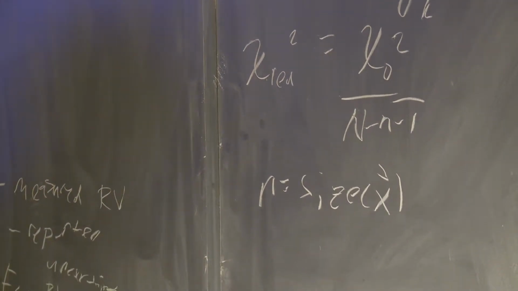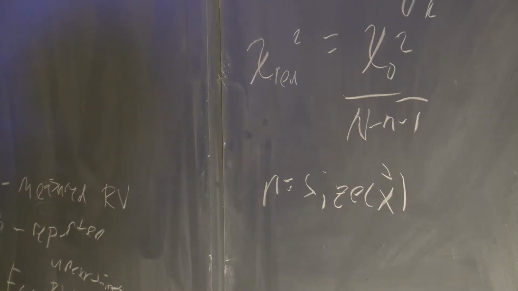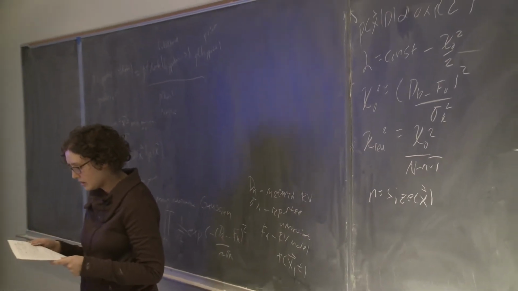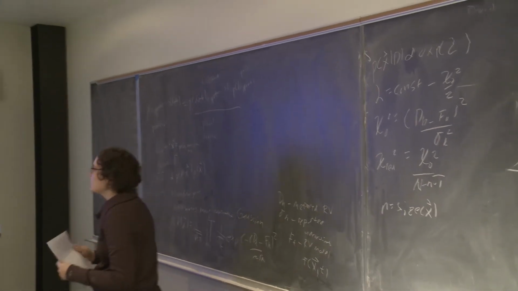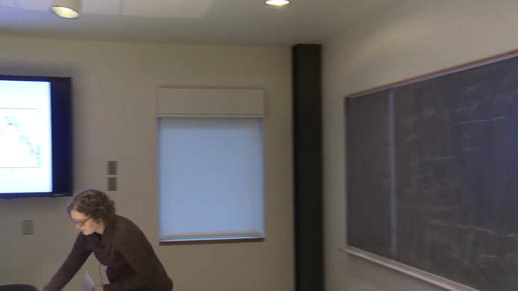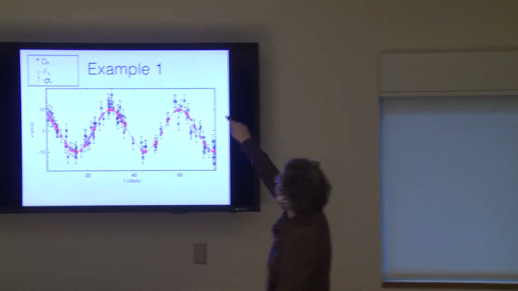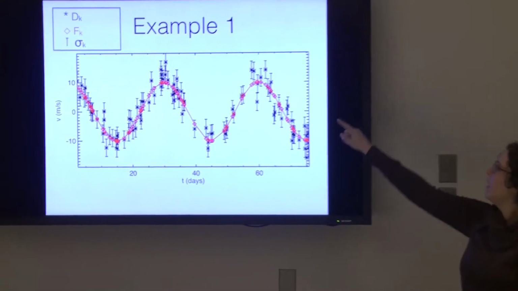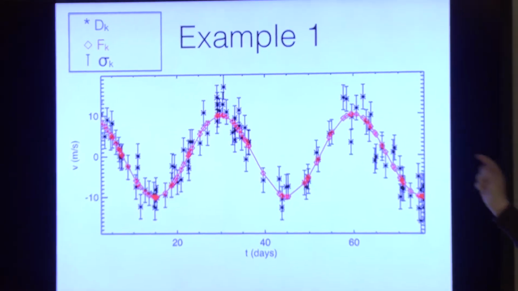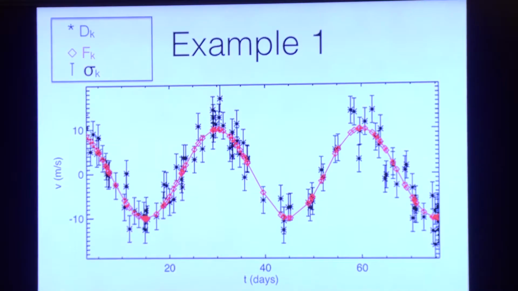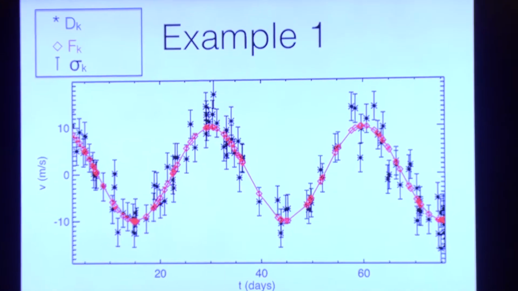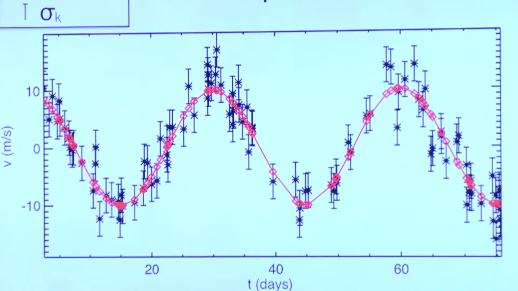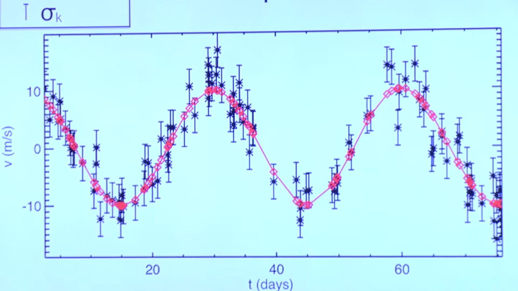They try to minimize the reduced chi squared to get the most probable value of x. So in this example, the asterisks are the data, the error bars are the reported uncertainties, and the diamonds are the model. This is a fake data set that I generated, and it meets all those assumptions. So this really is the best thing to do.